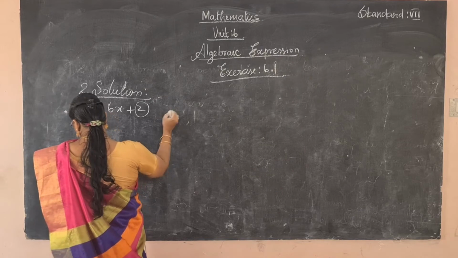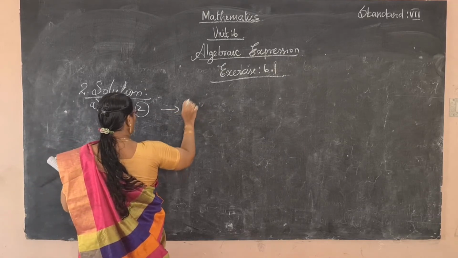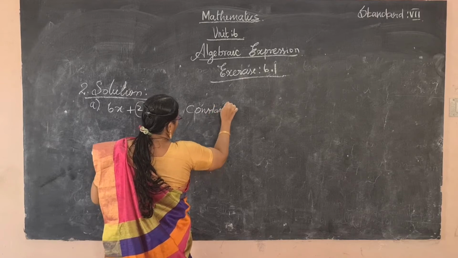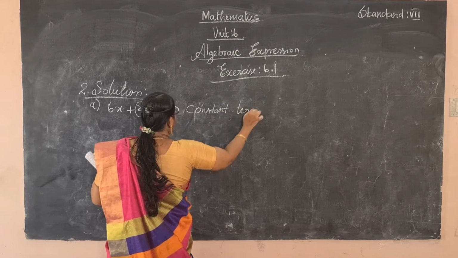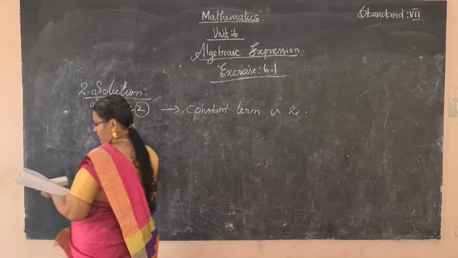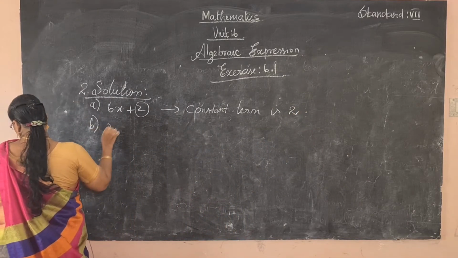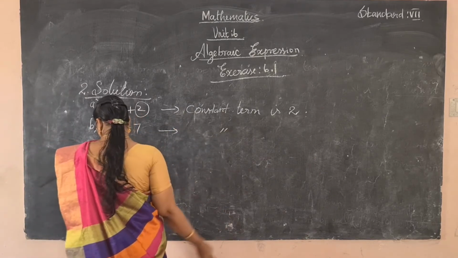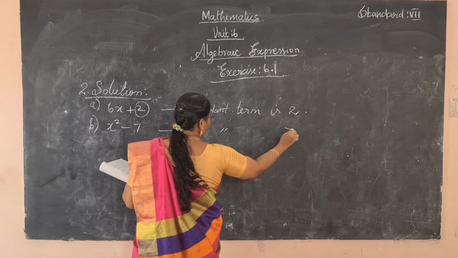So the answer can be written as: constant term is 2. And the next one, B, x squared minus 7. The constant term is minus 7.